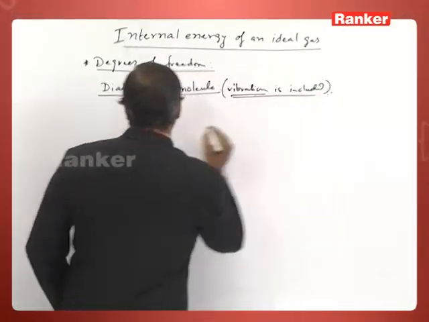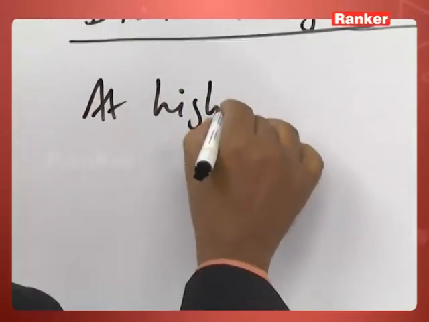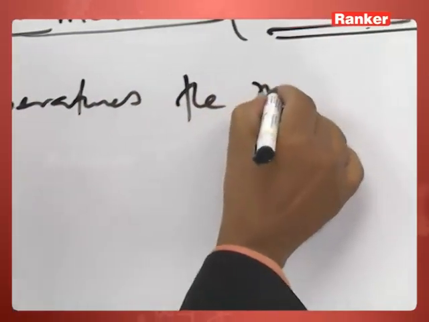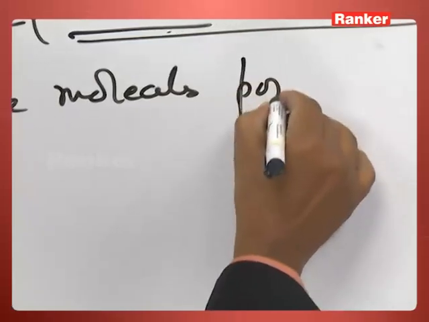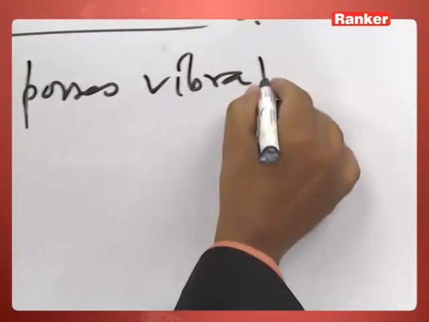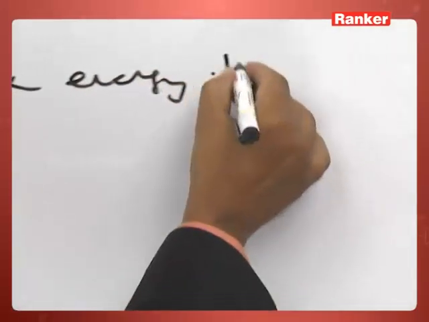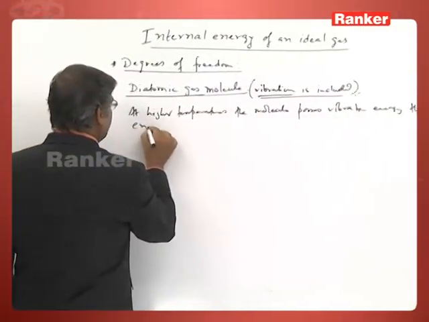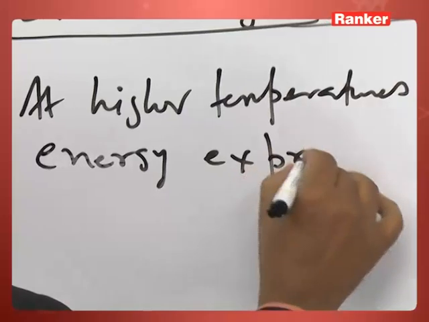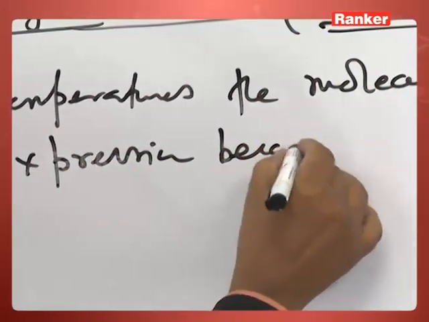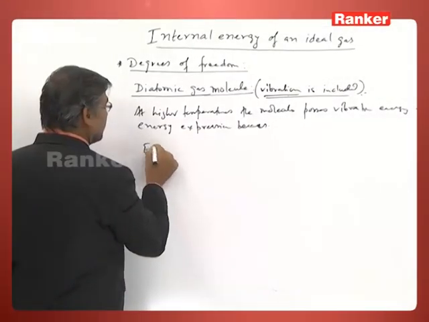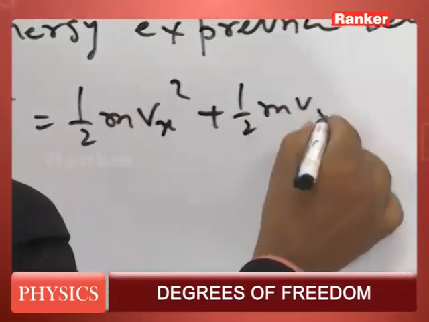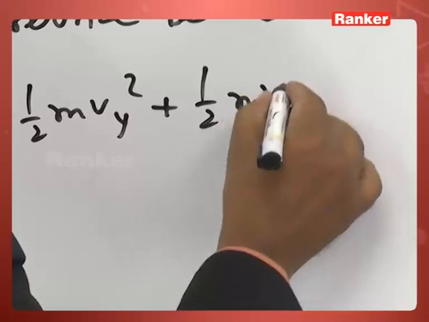So, let us see, at higher temperatures the molecules possess vibrational energy. Thus, the total energy expression for a diatomic becomes E is equal to half mvx square, half mvy square, half mvz square.